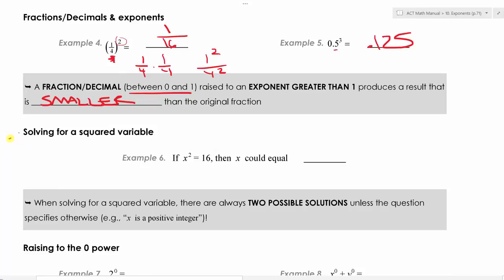Solving for a squared variable, one of possibly the trickiest types of questions that the ACT can ask. Definitely a cause of many, many careless mistakes.